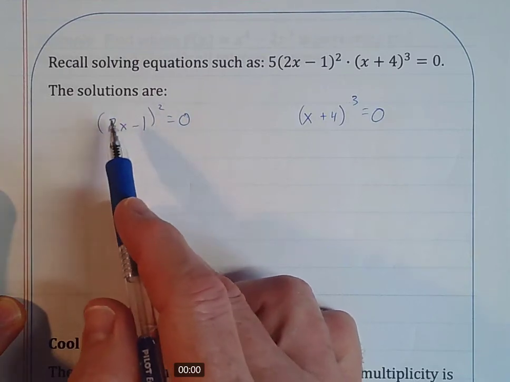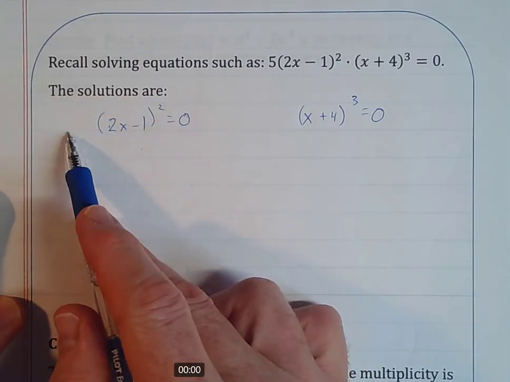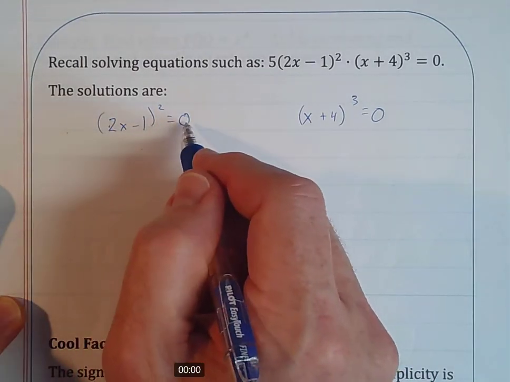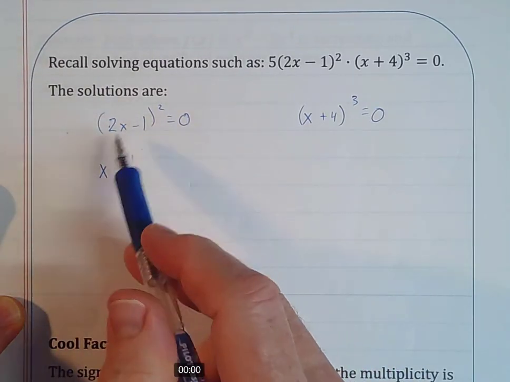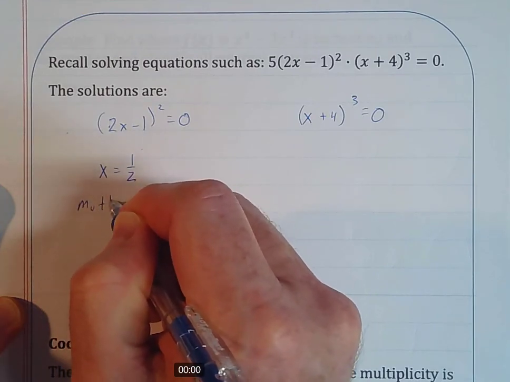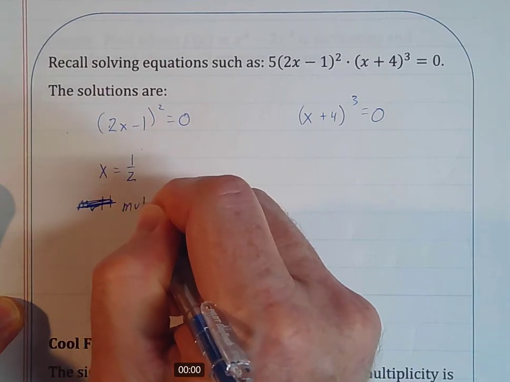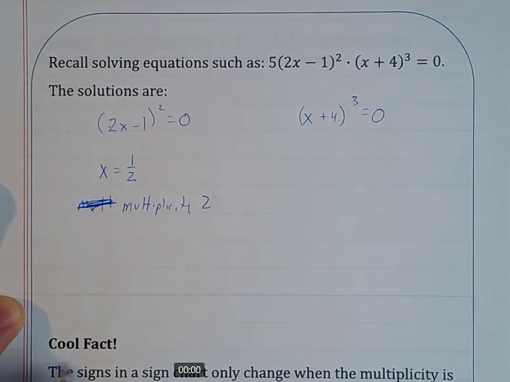Let's remember that there are really two 2x minus 1s showing up here: 2x minus 1 times another 2x minus 1. So when we set 2x minus 1 equal to 0, yes, we get x equals 1/2, but it shows up twice, and we call that multiplicity 2.